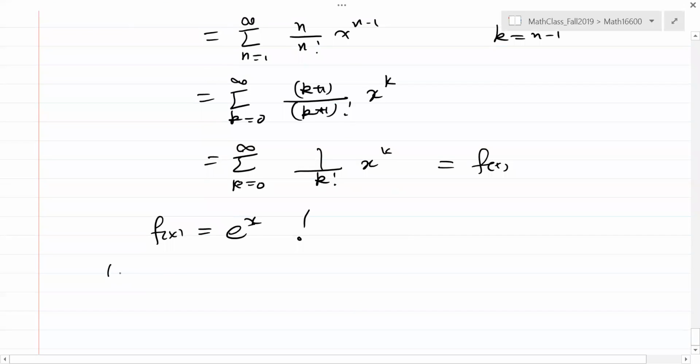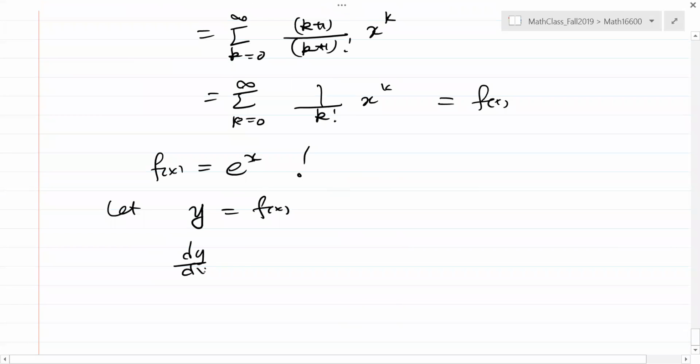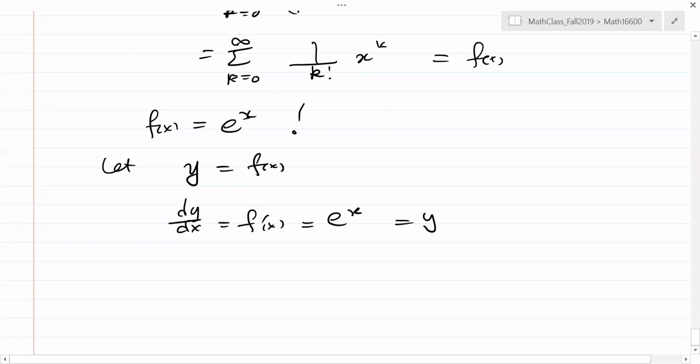Let's put it this way. Let y be f of x. Then dy over dx equals f prime of x, which is e to the x, which is still y. This is the way we solve a differential equation.